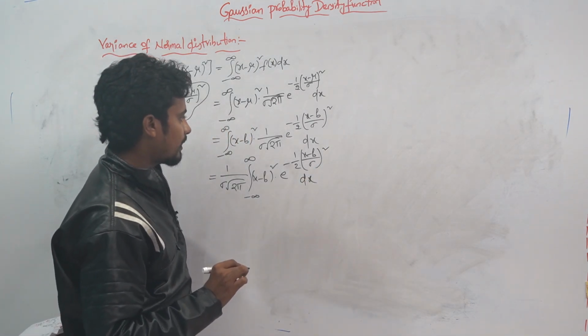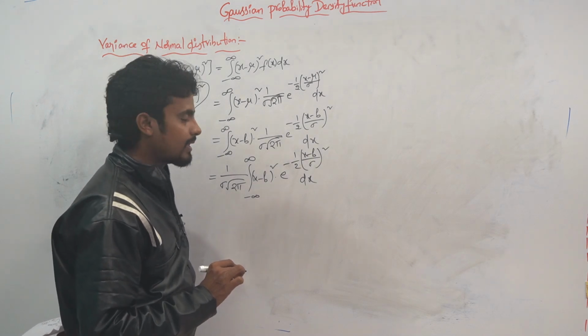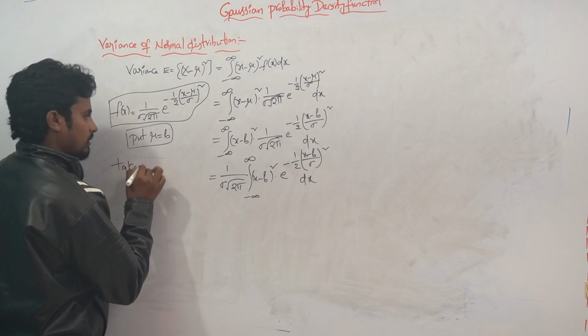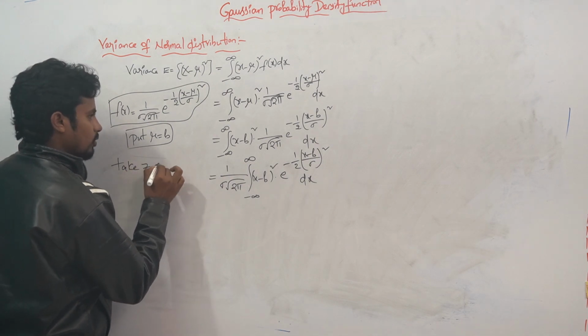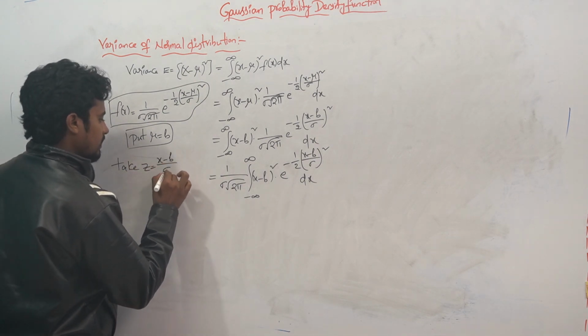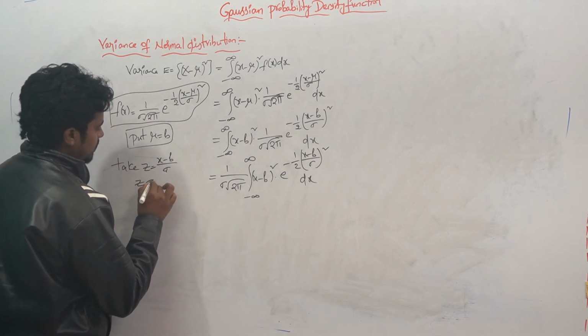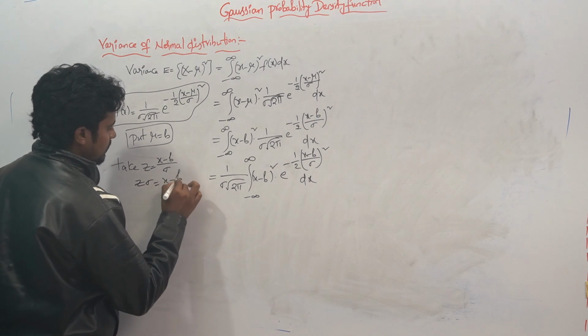Let's take (x minus b) divided by sigma as z. What will happen? Take z is equal to (x minus b) divided by sigma, and here z sigma will be equal to x minus b.